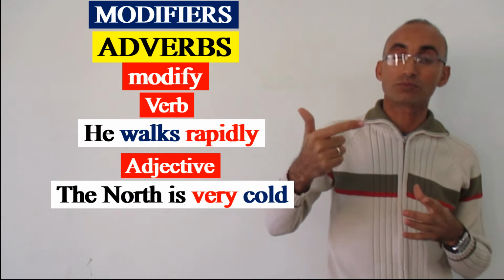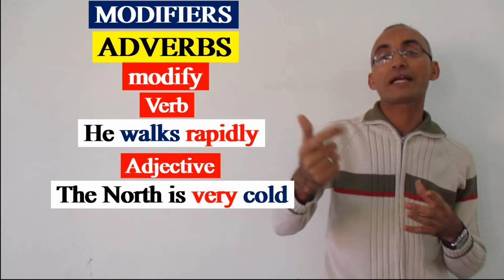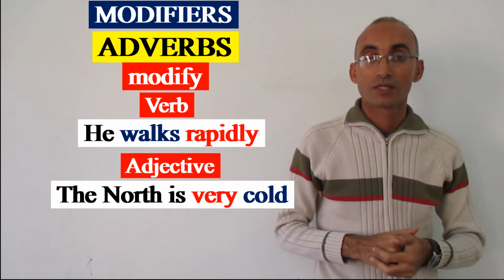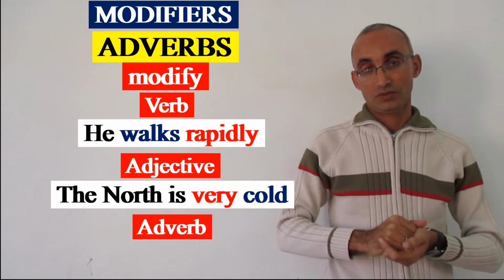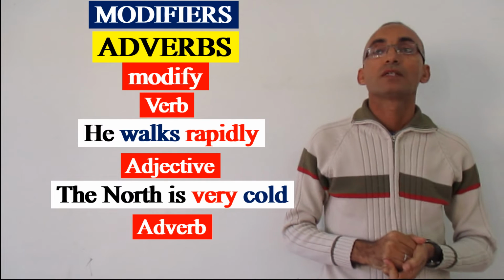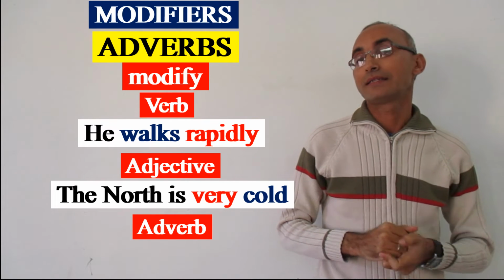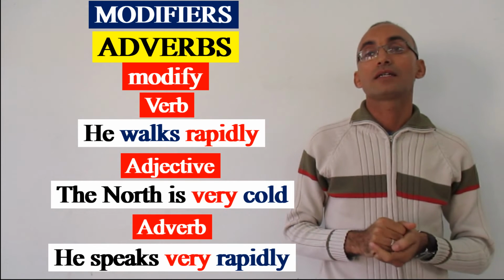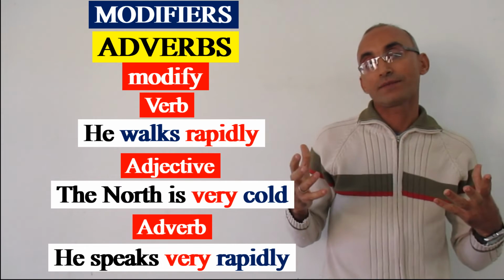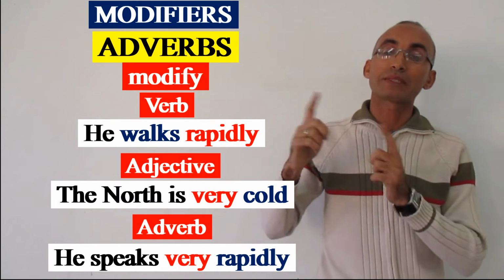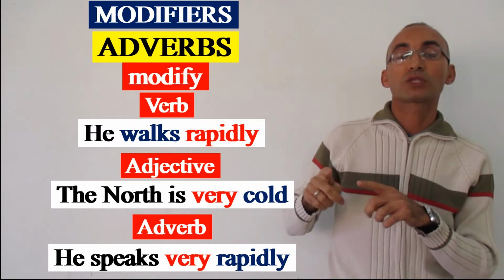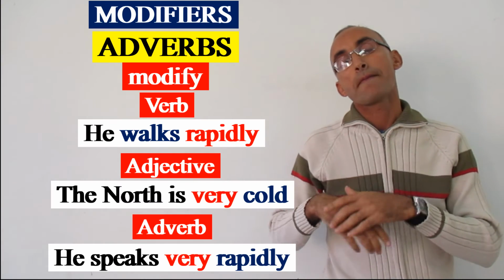Very here is an adverb that modifies cold, the adjective, and also it can modify another adverb. For example, he speaks very rapidly. So very rapidly, very is an adverb of degree, modifies another adverb of manner.